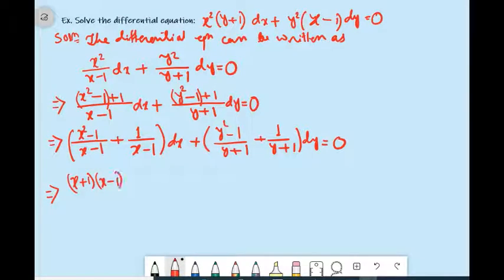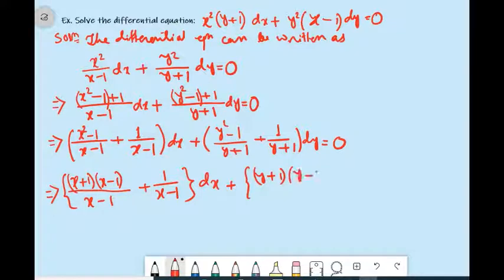This is nothing but a² − b², so (a + b)(a − b). With this formula you can expand it. So (x + 1)(x − 1)/(x − 1) plus 1 by (x − 1). Let us write dx outside plus this one also (y + 1)(y − 1) divided by (y + 1) plus 1 by (y + 1) dy is equal to 0.